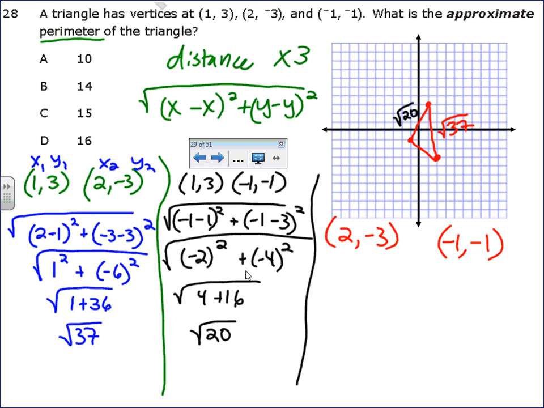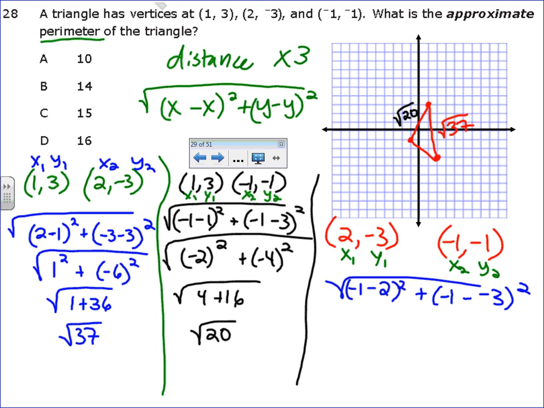I've got one side left to find. When I plug this in again, x1, y1, x2, y2, I didn't label it. Okay, so when I plug it in, I'm going to get negative 1 minus 2 squared plus negative 1 minus negative 3.